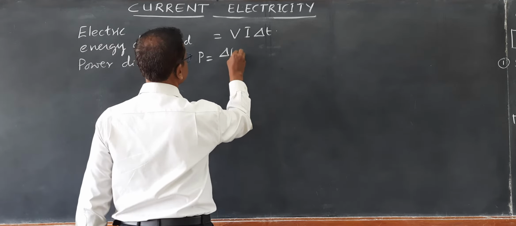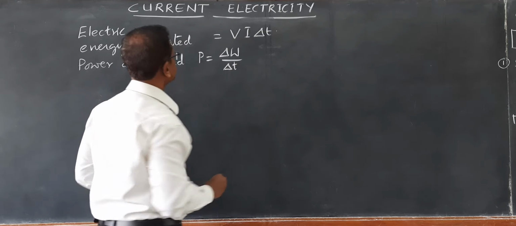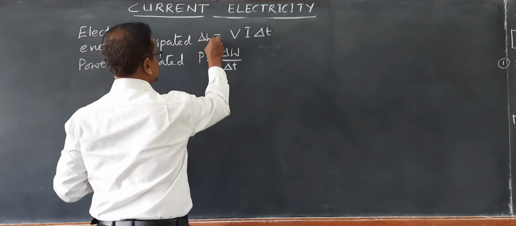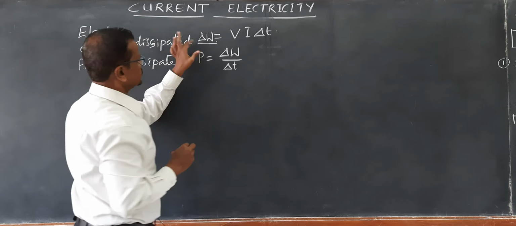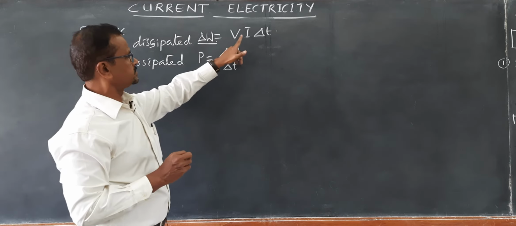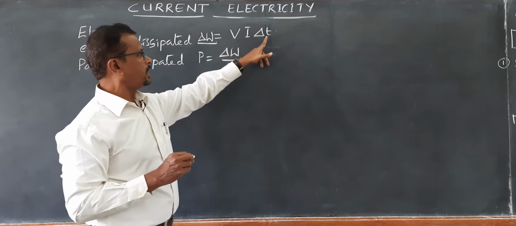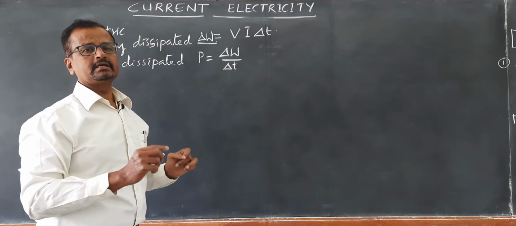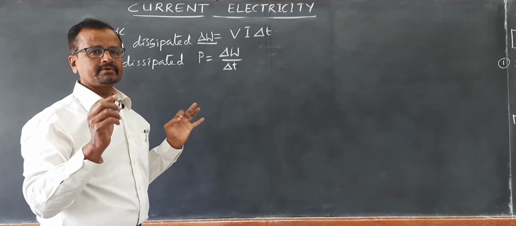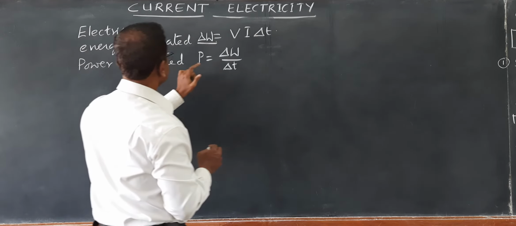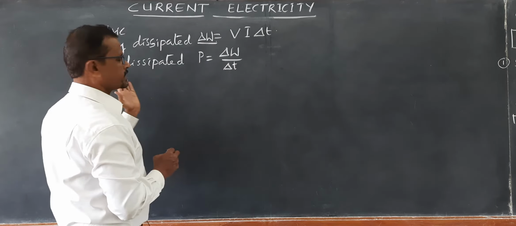So, if you write it as delta W by delta T, this is what we have taken yesterday as delta W. This is the work done in driving the charges to maintain a current I through a time delta T when a potential difference V is applied across the conductor of resistance R. Now, the rate of doing work is how we define power dissipated, that is energy dissipated per unit time.